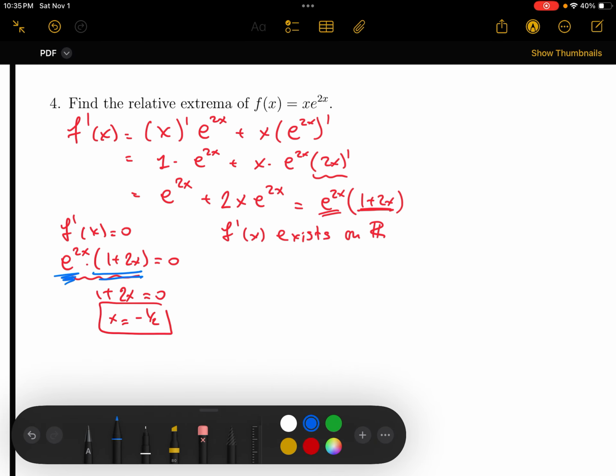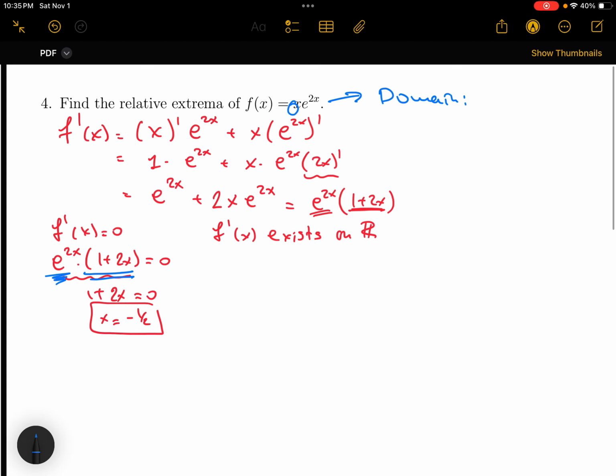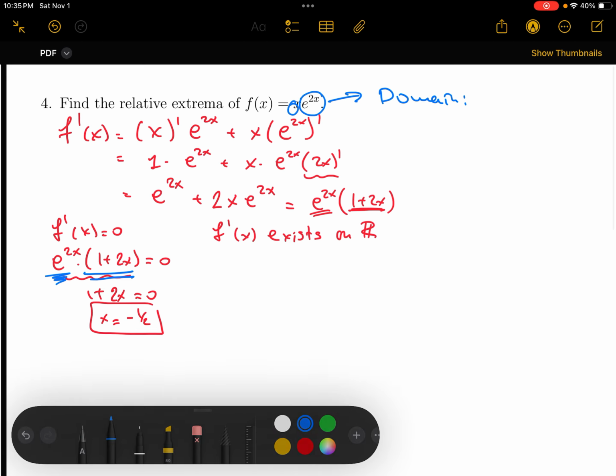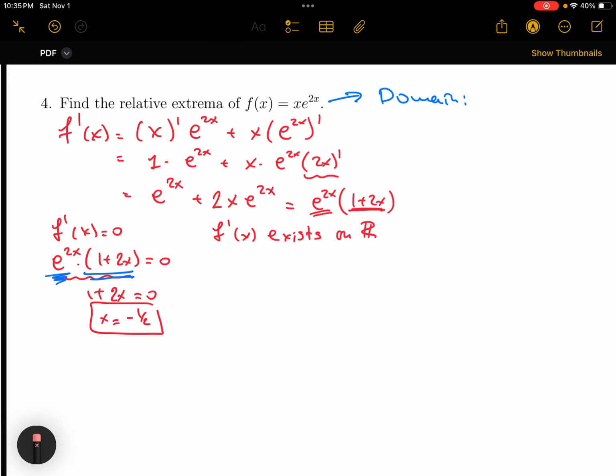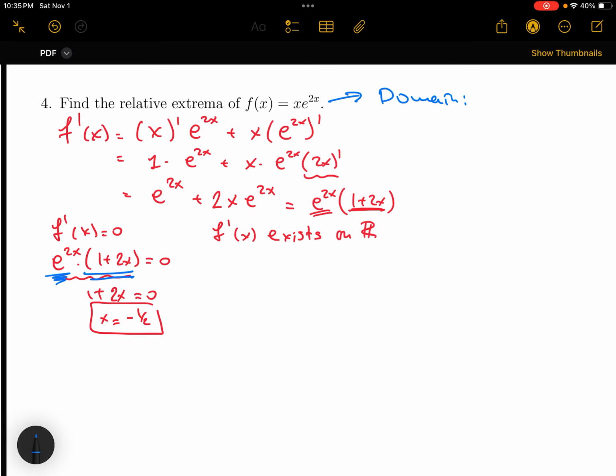Of course, you should always start with the domain of this function. By similar logic, x is defined everywhere, e to the power 2x is defined everywhere, which means the product is defined on R, so the domain is all the real numbers. That means that from negative infinity to positive infinity, the only critical number is negative 1/2, and we're going to create that table.